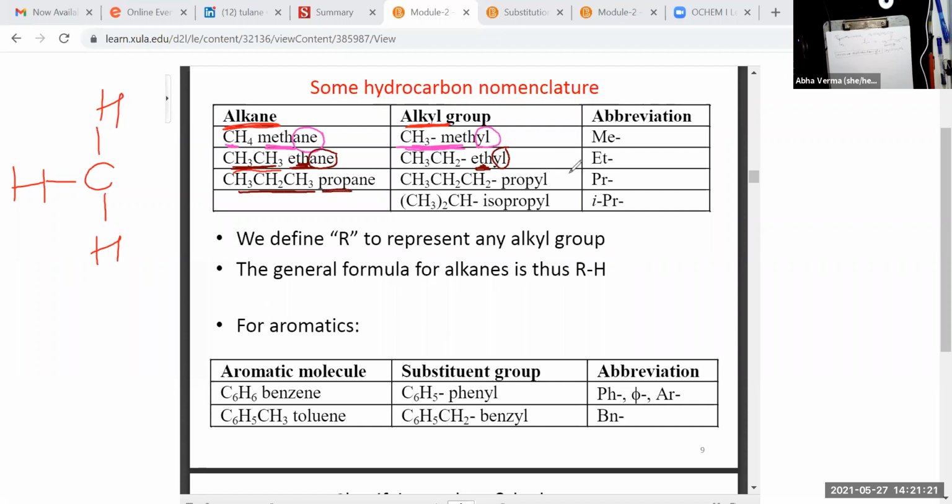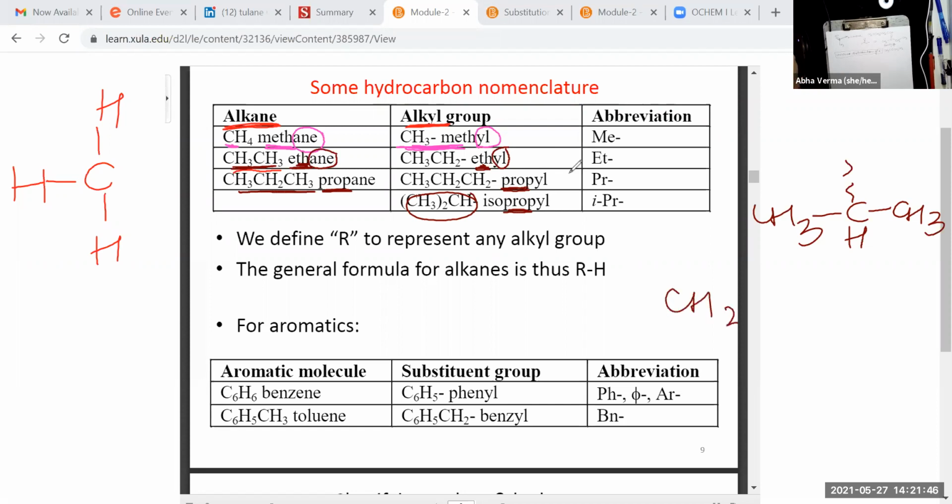Propane, or the prop, is indicative of 3 carbons. Now, this is the condensed version of this molecule. So the hydrogen is missing from this end.